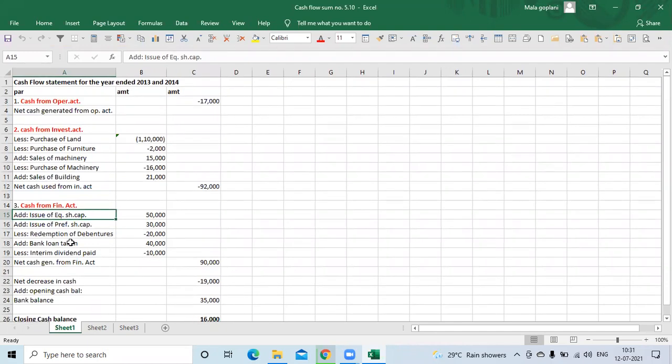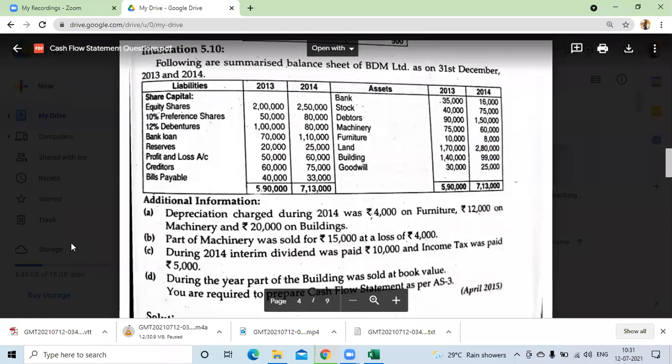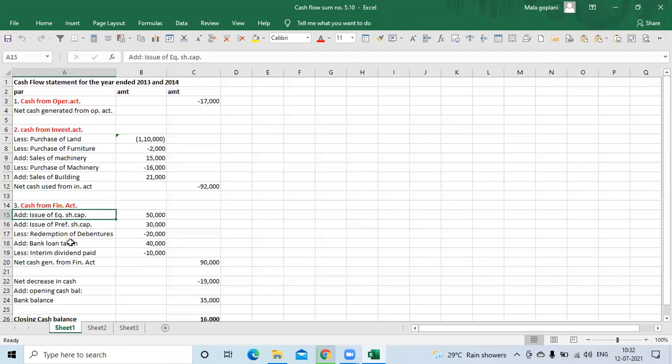So add equity share capital. Come on, tell me what is the difference between 2 lakhs and 2 lakh 50? 50,000. 50,000 in the inner column without bracket, because we are adding it. Done this much? Shall we go further?